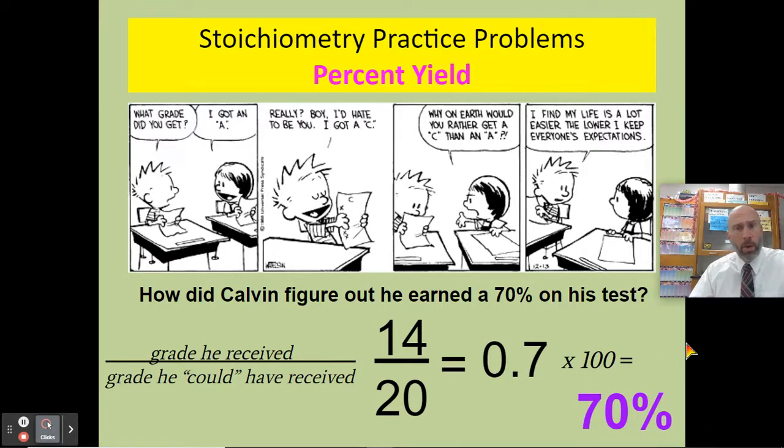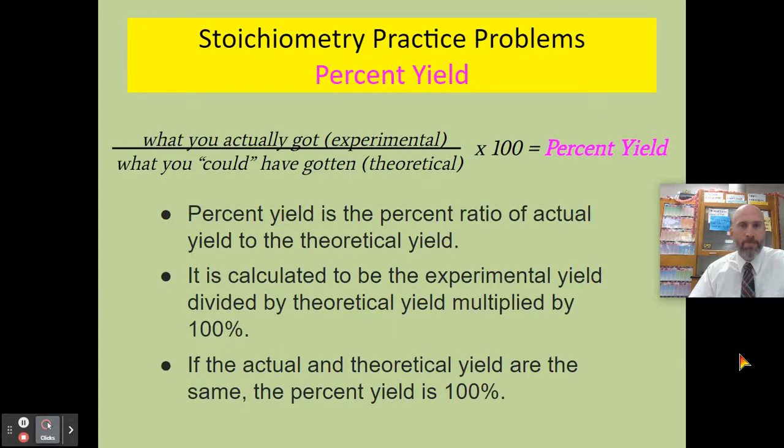That's all percent yield is, right? It's kind of like we're grading our experiment. What you put on top here is what you actually got. So when you conduct an experiment and you produce some products, this is how much we produced. And then you divide it by what you could have gotten, this is how much we should have gotten.